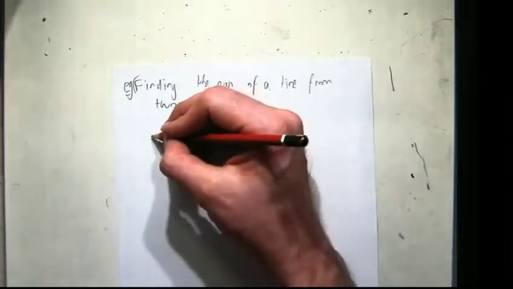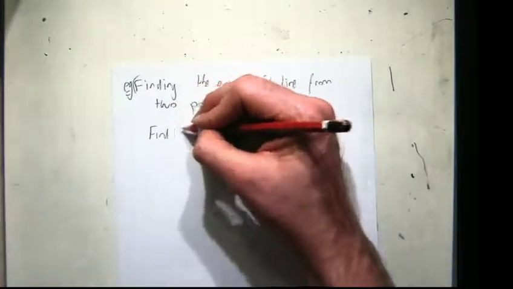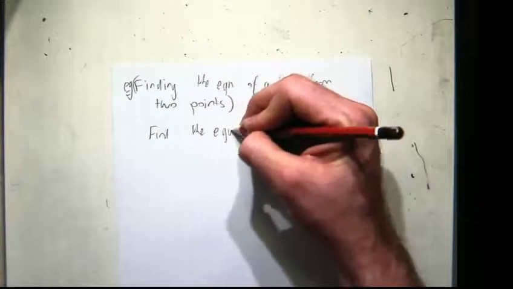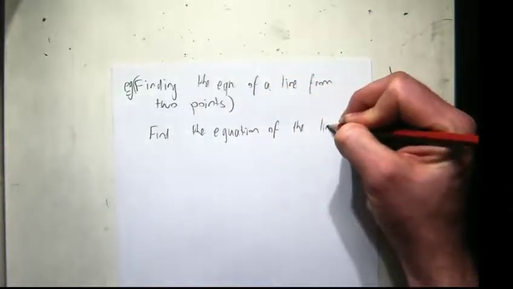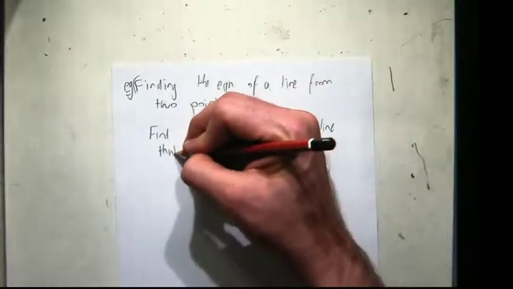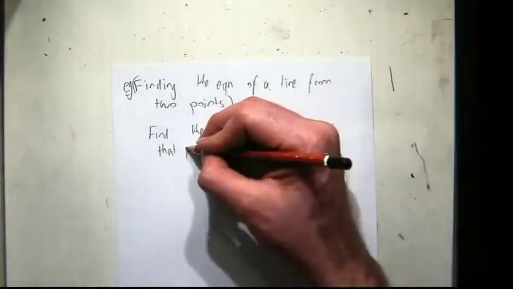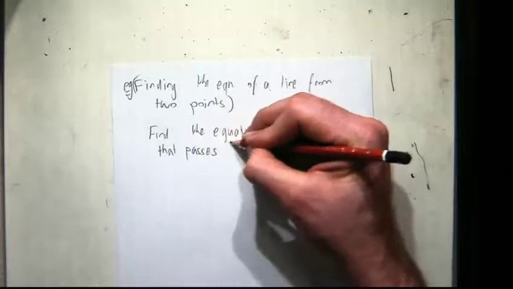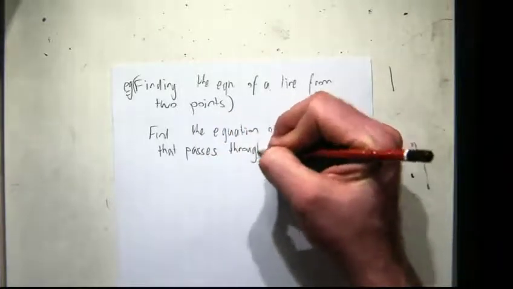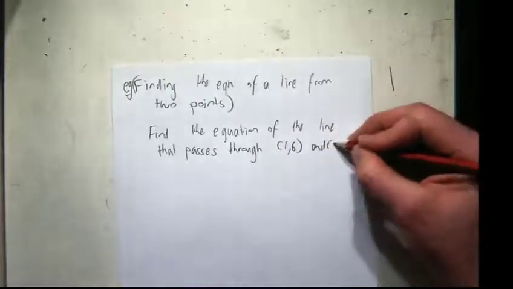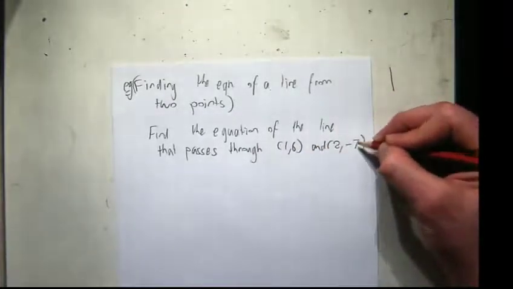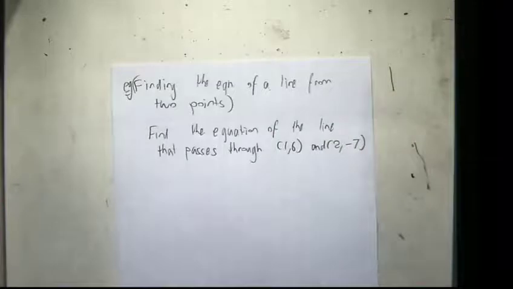So the example goes, find the equation of the line that passes through (1, 6) and (2, -7). Okay, it's just two random points.